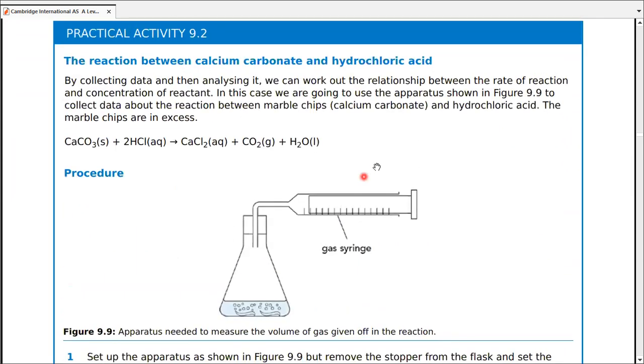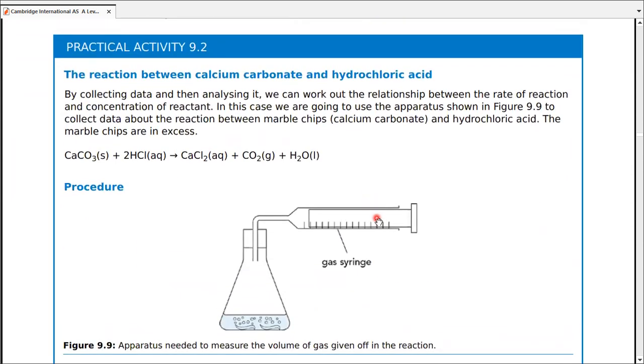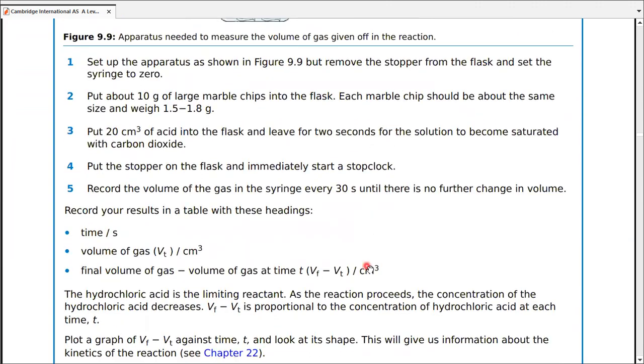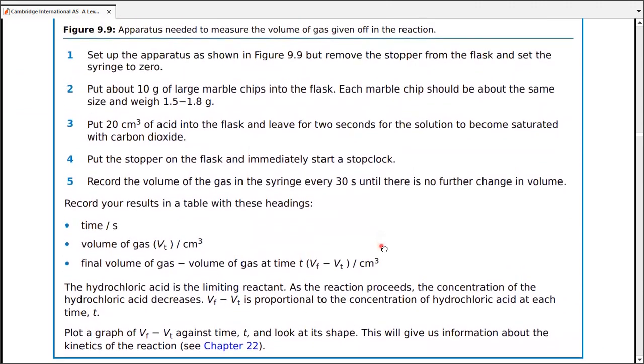Why are they doing something like this? This is very much similar to paper 3. You can get questions like this in paper 3. Actually, they have been a part of past papers. One of your questions is in such a way that they tell you every step of the procedure and then they want you to perform it. So that's what they are trying to get you familiarized with.